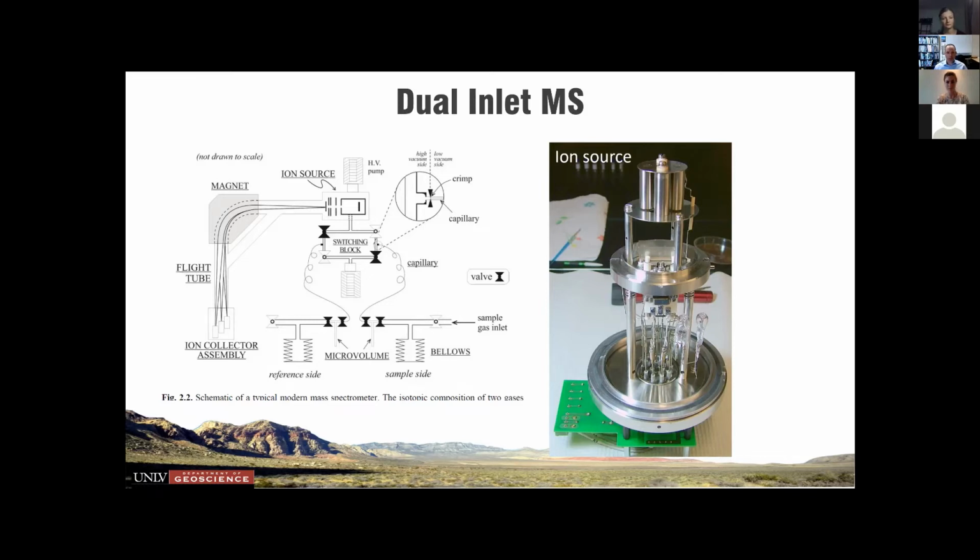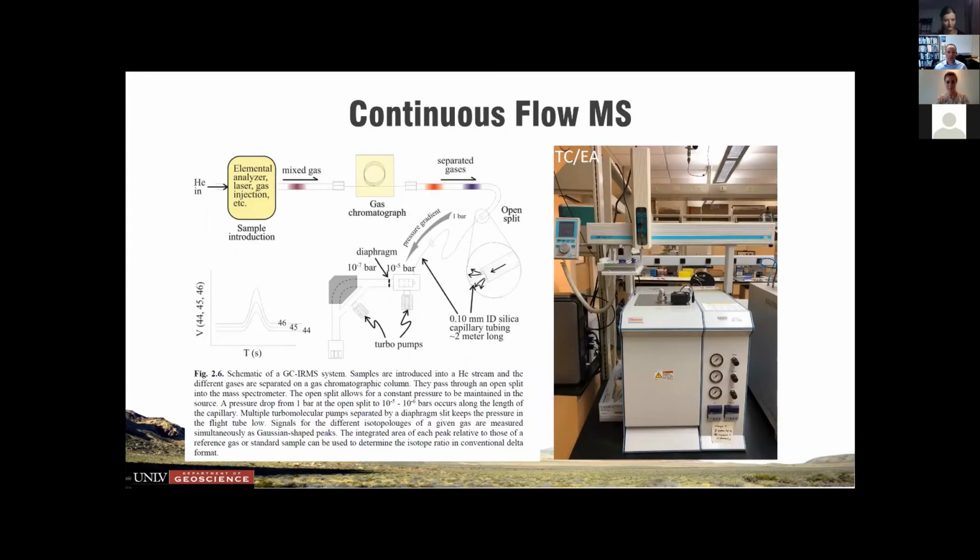measuring carbonates. Another method is where we use continuous flow mass spectrometry. And what this does is similar. You take your carbonate powder, you dissolve it with acid. Again, you purify the CO2, but instead of transferring that gas to your mass spectrometer under a pressure gradient, you entrain it into a flow of ultra high purity helium.